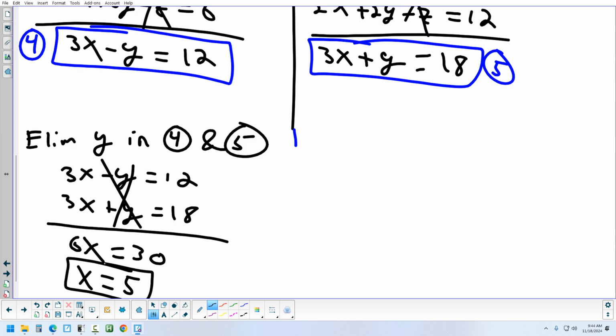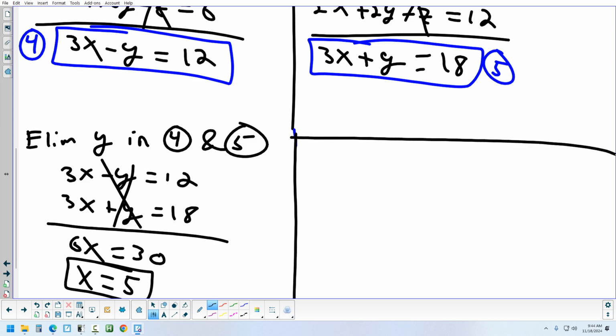Now, what are we going to do with the 5 to get our next answer? Yeah, we're going to plug it back in. Do we want to plug it into equation 4 or equation 5? Yeah, we could do 4. So x is 5. So fill it in. 3 times 5 is going to give me 15.